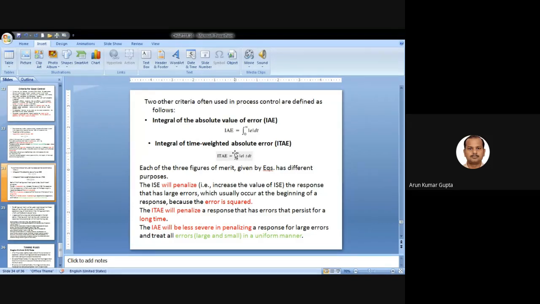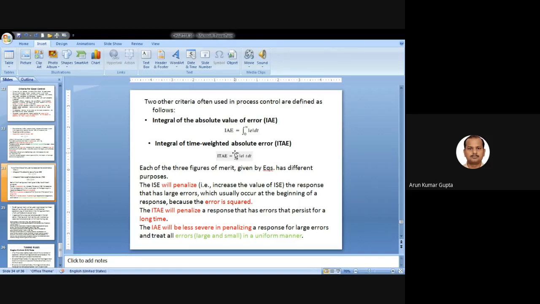So ultimately, I will describe this in the next class, but in a nutshell, we can conclude that the optimum value of the parameter is the one that will give you the minimum error. That is the first point.